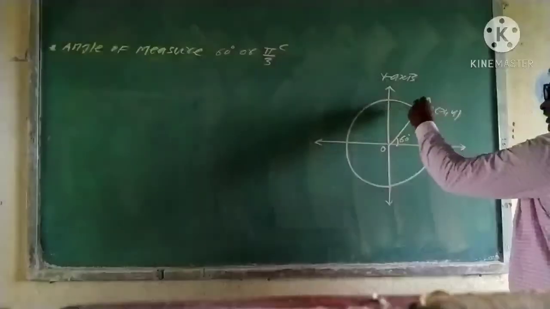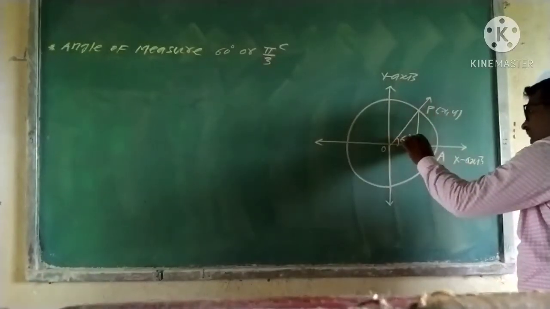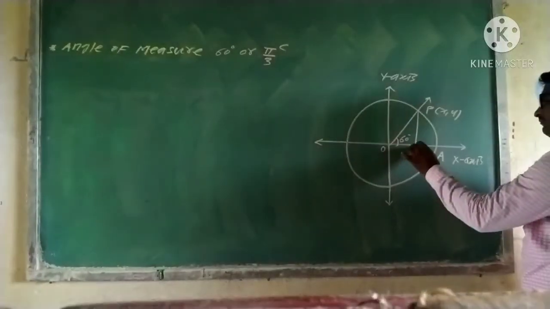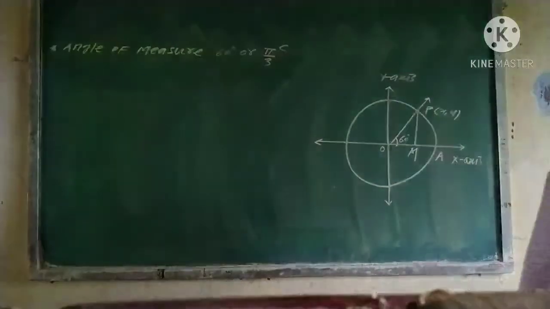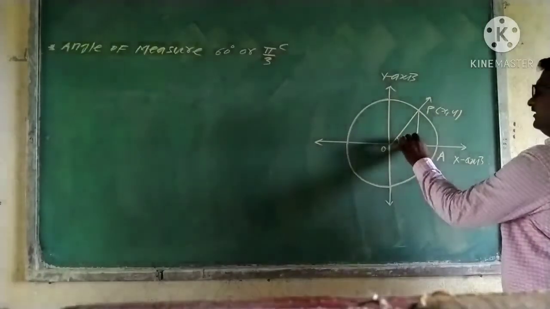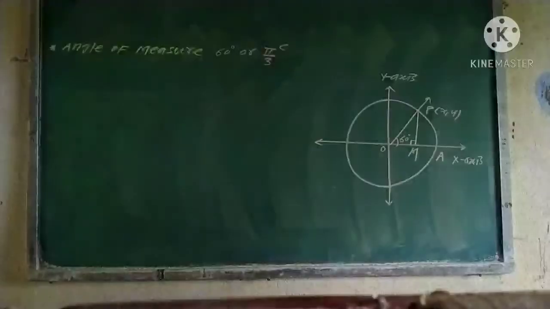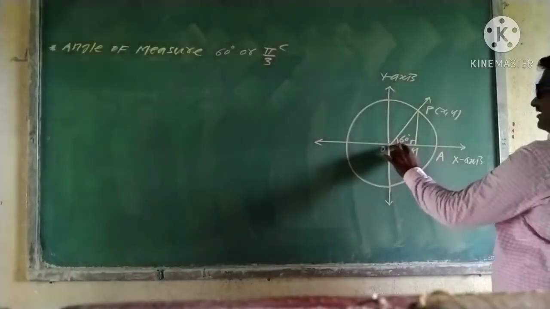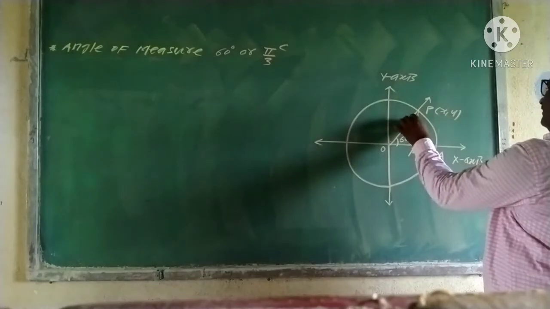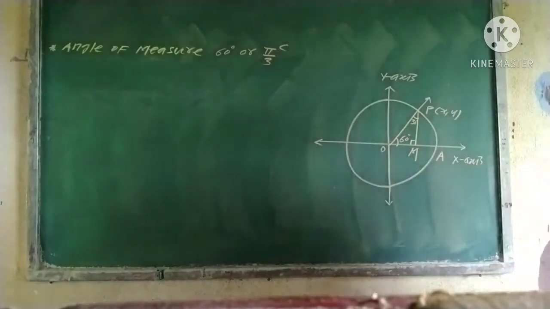From the point P we draw a perpendicular on the positive direction of x-axis which meets at the point M. So this angle is 90 degree, this angle is 60 degree, so the remaining angle is 30 degree.